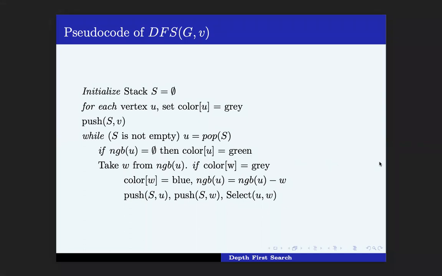Can you give us some idea why? We are visiting every vertex, that's for sure, and like you said, every edge also. But how are you so sure that every edge is not visited multiple times? Maybe one edge is being visited a lot of times. At most twice, maybe. Why?